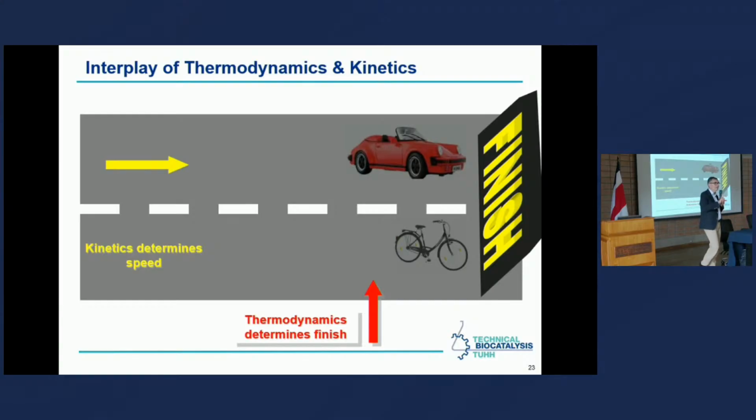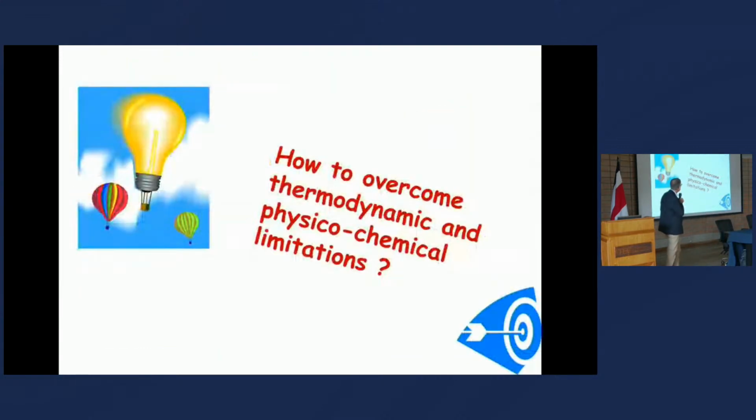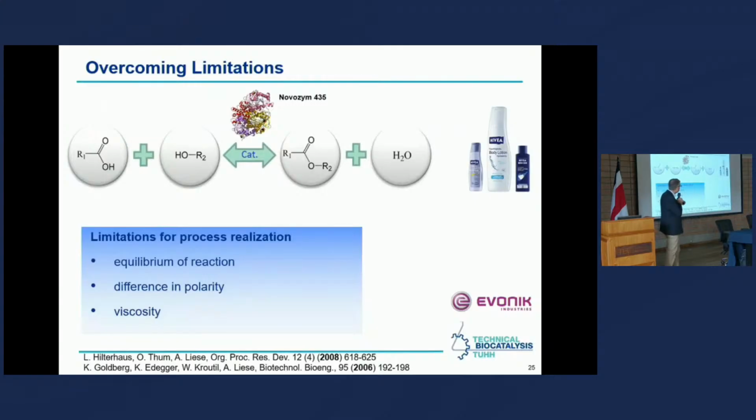And that is the interplay between kinetics and thermodynamics. With kinetics, with molecular engineering, we can make the catalyst faster, but we cannot shift the thermodynamic equilibrium. The thermodynamic equilibrium we can just shift if we work on the product side. So we remove something, we pull or we push the system.